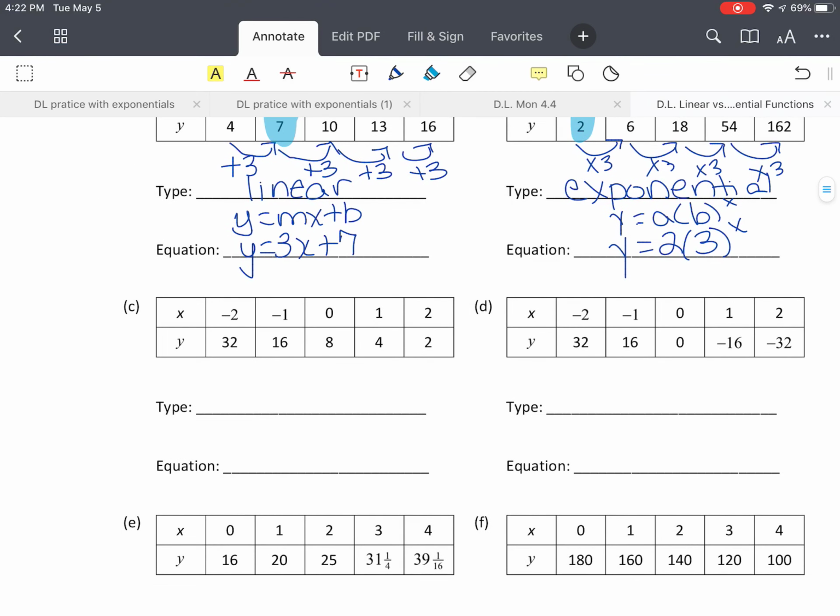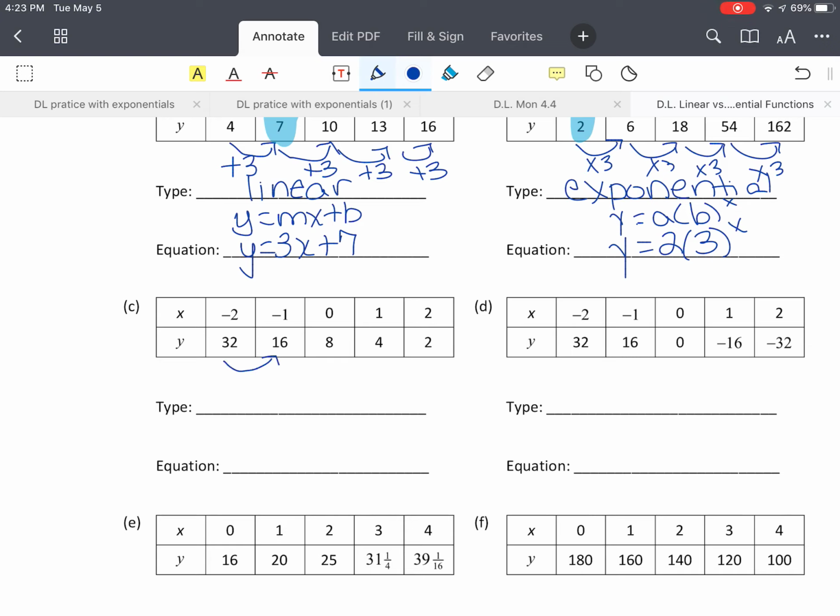Let's take a look at another one. We have 32, 16, 8, 4, and 2. We can look from 32 to 16.